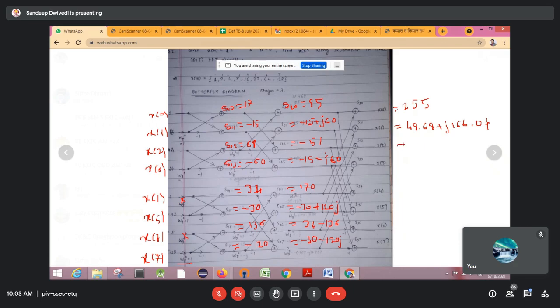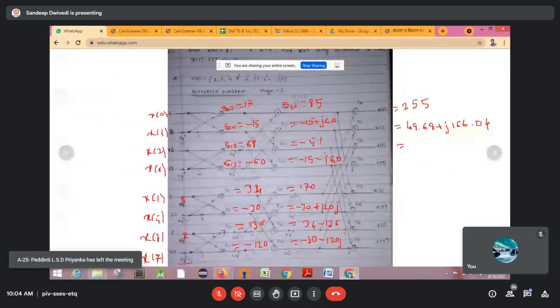48.68. Then x of 2. For the x of 2 calculation, this will be minus 51, and this one, along with the twiddle factor you need to write, that is 34, and twiddle factor W suffix 8 raised to power 2. So the twiddle factor value will be minus j. So you need to multiply minus j to this one, so this will be minus 34j, 34 minus 136, so this is minus 102.